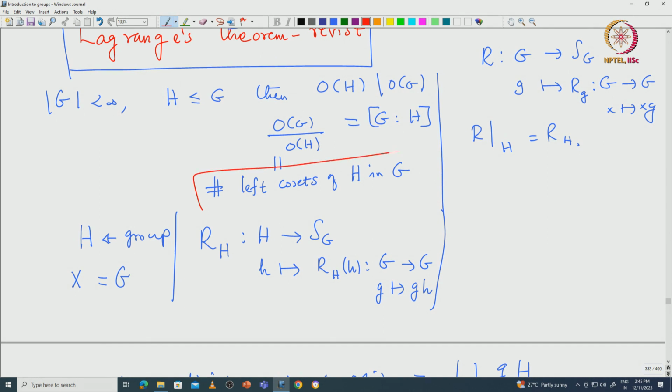Okay. So the number of left cosets of H in G, which is k, is equal to the index of H in G.